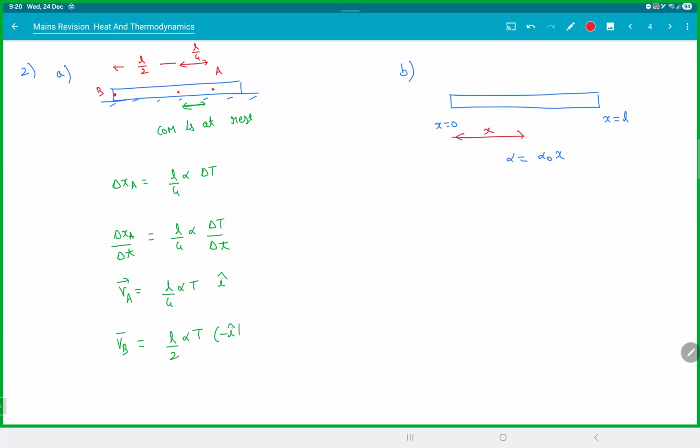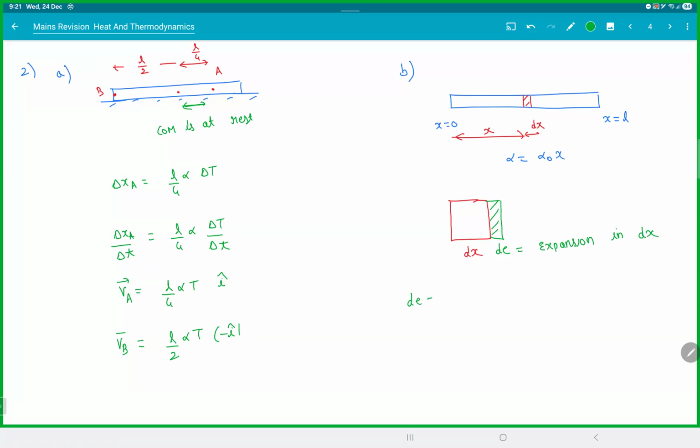How to do this? At a distance x, take a small slice dx. Now in this small slice dx, when you increase the temperature, there's a small change in length. This is your dE. So dE is the expansion in the dx piece. We have done something similar in Young's modulus also, if you remember.